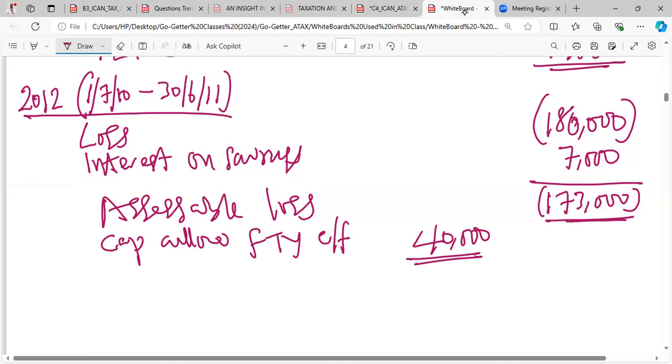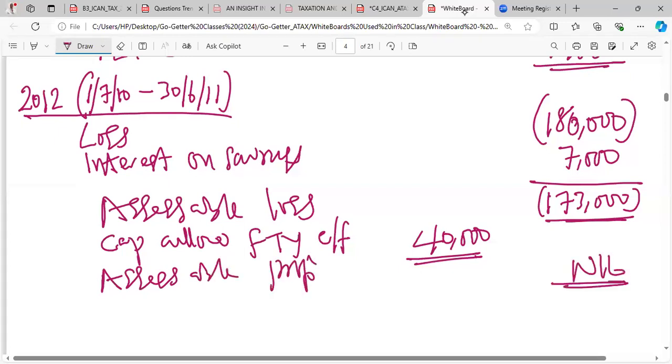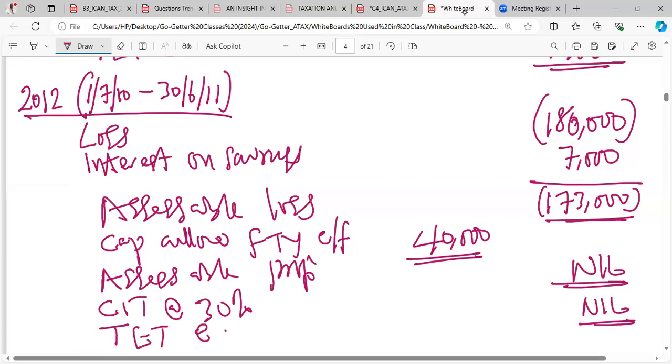So you have assessable profit nil. CIT at 30% nil. Tertiary education tax at 2% of assessable loss cannot be done, so it's going to be nil.